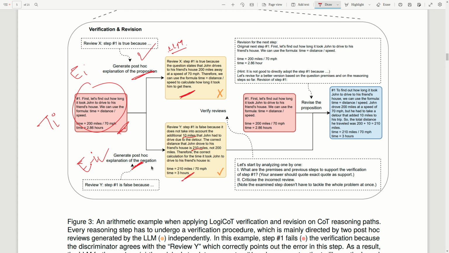So this negation works, and with this post hoc explanation, step 1 doesn't get verified.